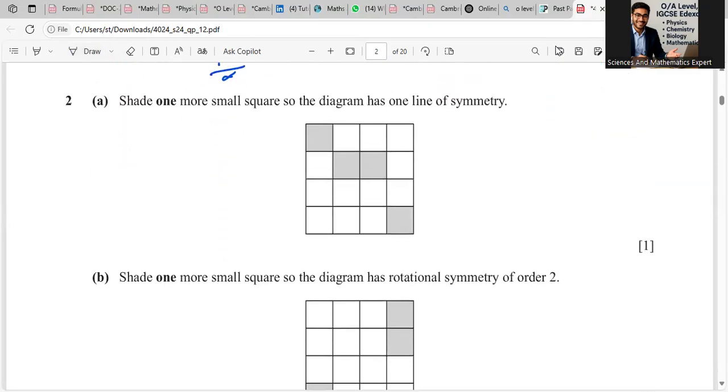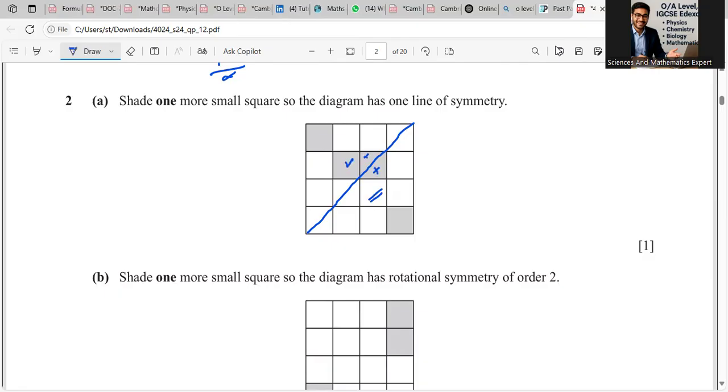Let's go towards the symmetry question, where he is saying shade one more small square on the diagram to make one line of symmetry, so that it should be the mirror image. If I draw a line here in the center like this, you just look at this: 50% is here, 50% is here, this full box is here.